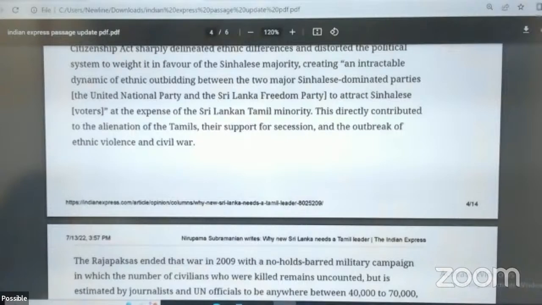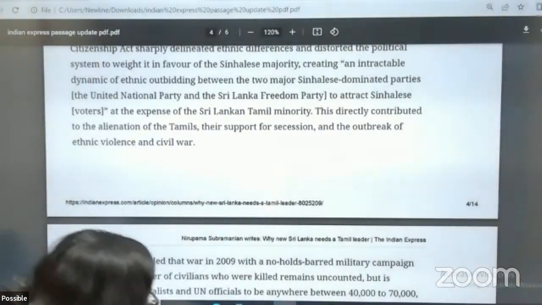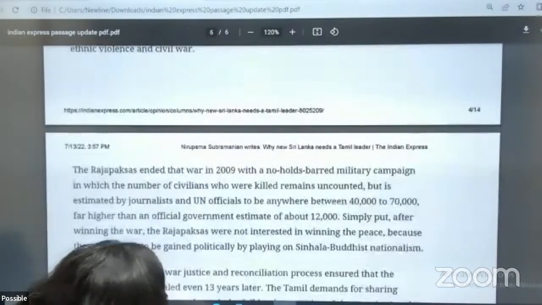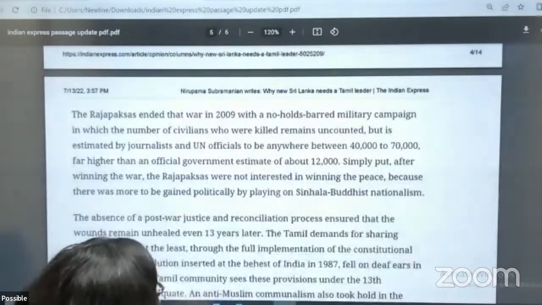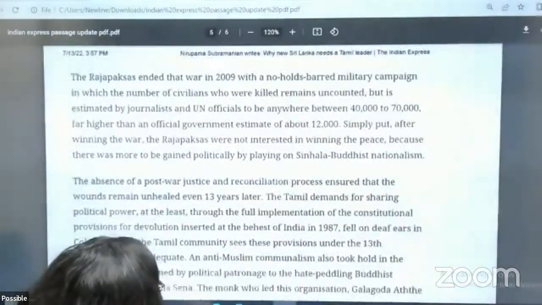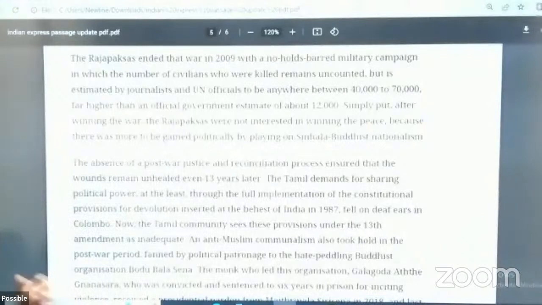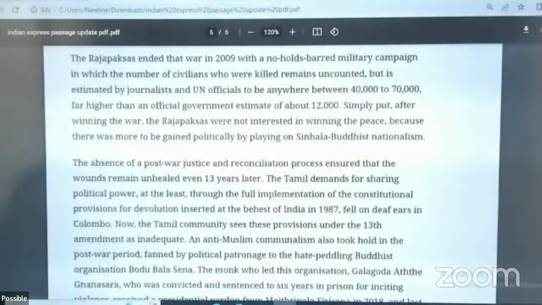I'm still on 9. So you're on the second last page now.